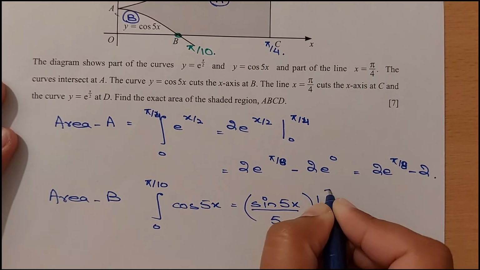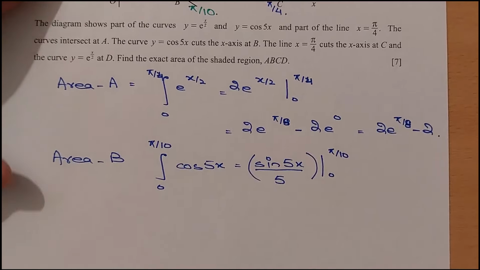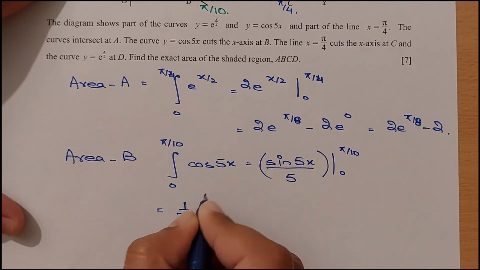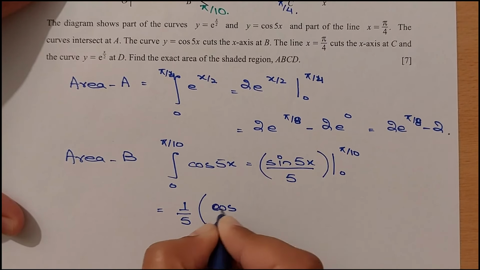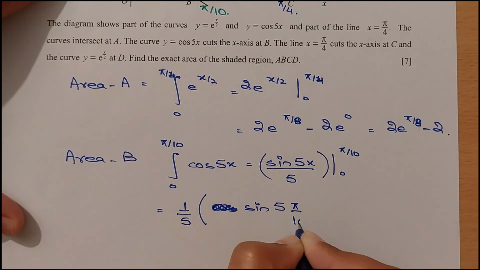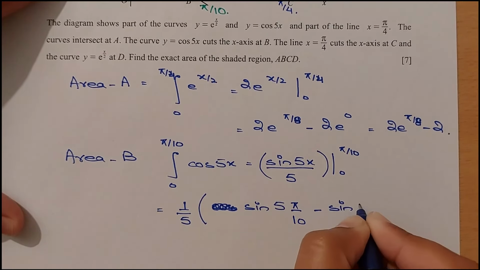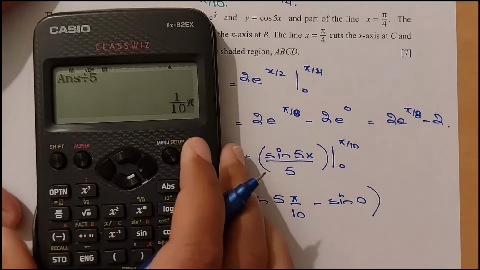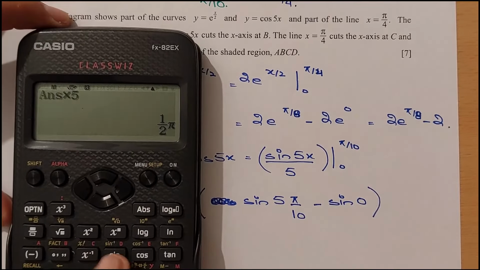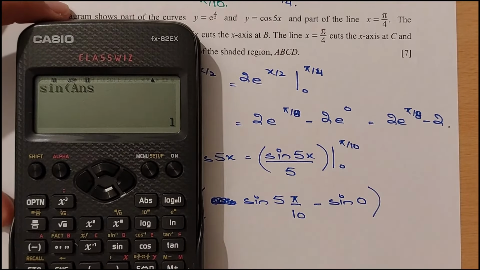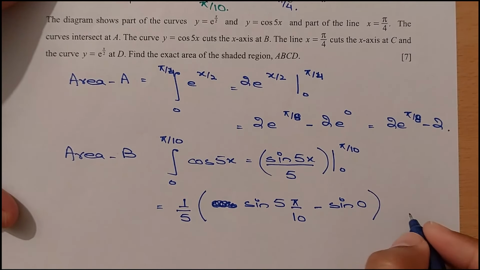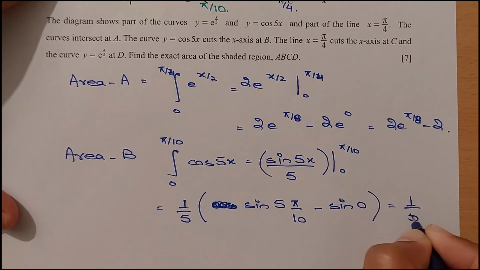Putting in the upper and lower limits, 0 to pi by 10, we have 1 by 5 outside, sine of 5 pi by 10 minus sine 0. Pi by 10 times 5 is pi by 2, and sine of pi by 2 is 1, and sine 0 is 0. So we have 1 by 5.